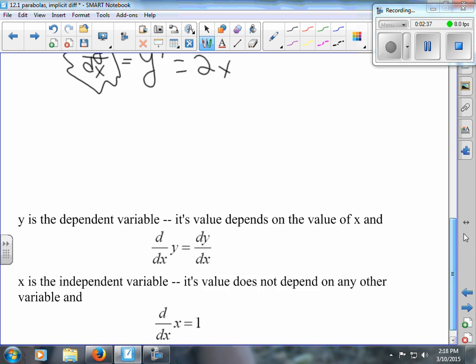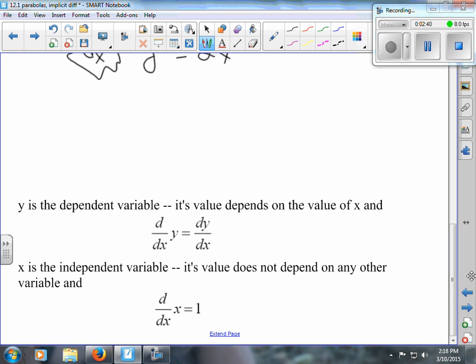That's all because y is the dependent variable. Its value depends on the value of x. And so when I take the derivative of y, I get dy/dx, which is also what we shorthand to y prime.